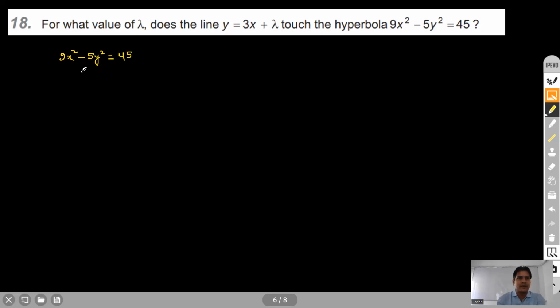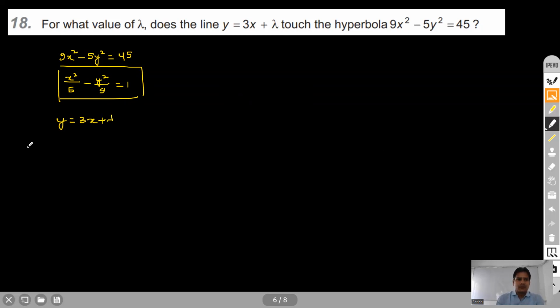Let me divide it by 45 on both sides. I will have x square upon 5 minus y square upon 9 is equal to 1, right? And the line is given as y is equal to 3x plus lambda.